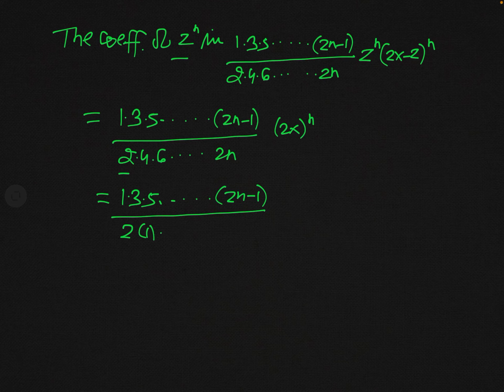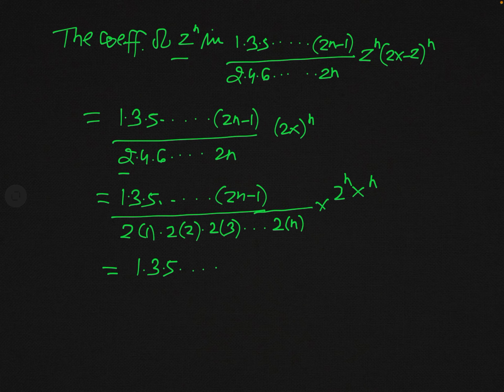In fact, we can write 2 as 2 into 1 and 4 as 2 into 2. 6 will be written as 2 into 3 and so on, and similarly this 2n can be written as 2 into n. And this 2x to the power n can be written as 2 to the power n into x to the power n.